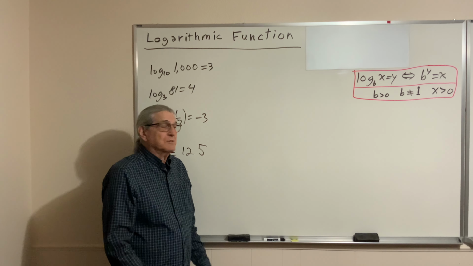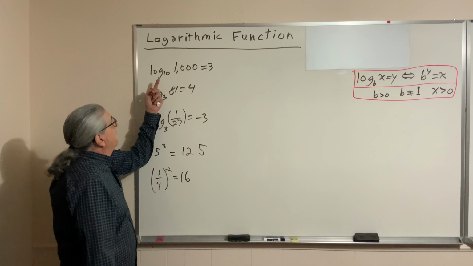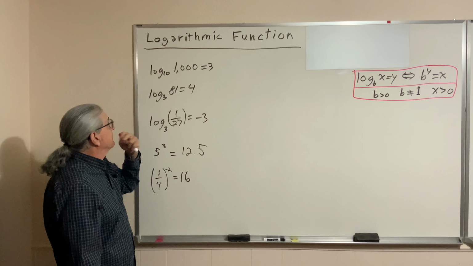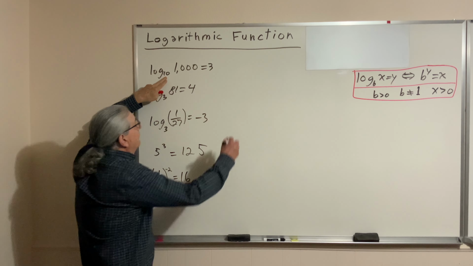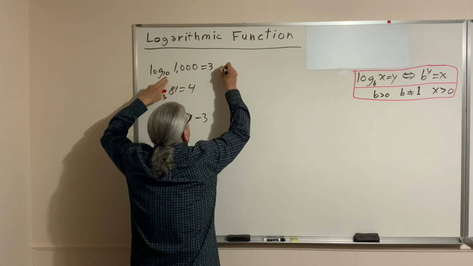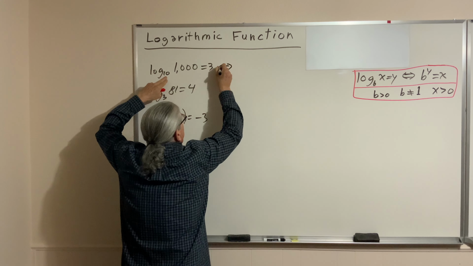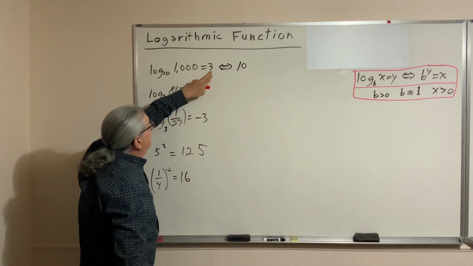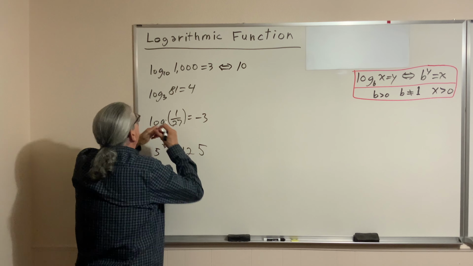All right, let's do some problems. What we're going to do is convert logarithms into exponentials. So here's what we do. We take the base. This is true if and only if the base is 10. This is the exponent. This is the base.